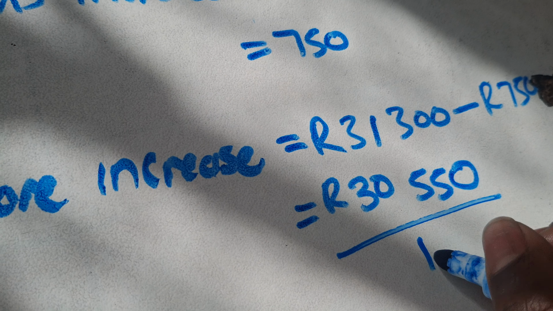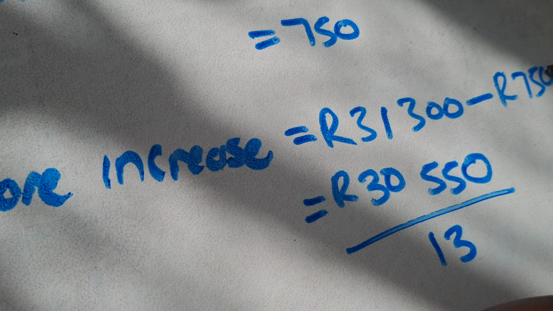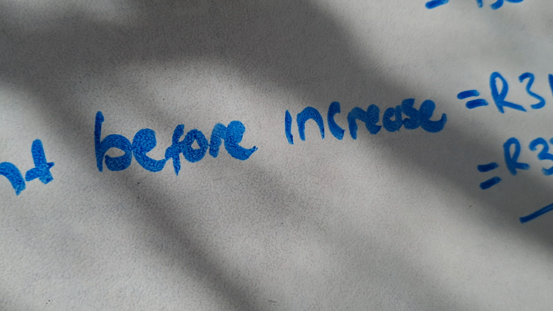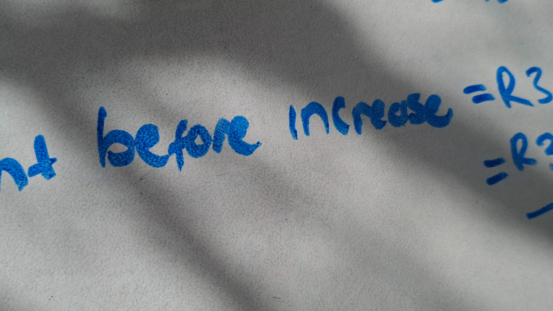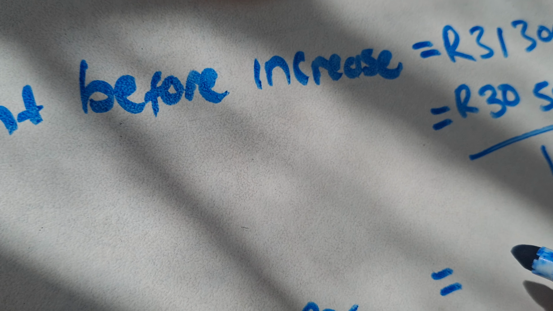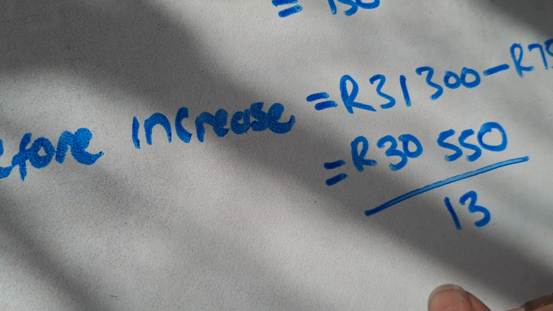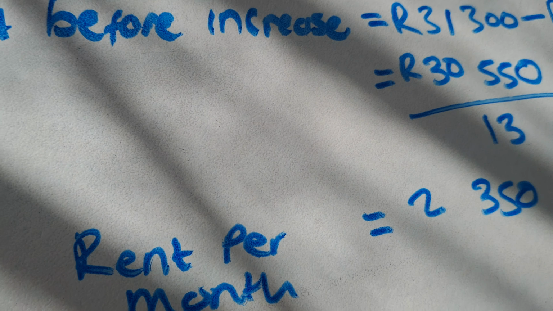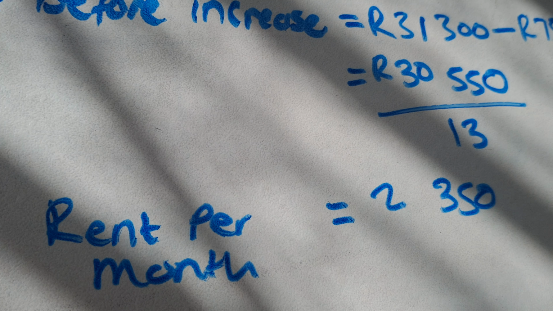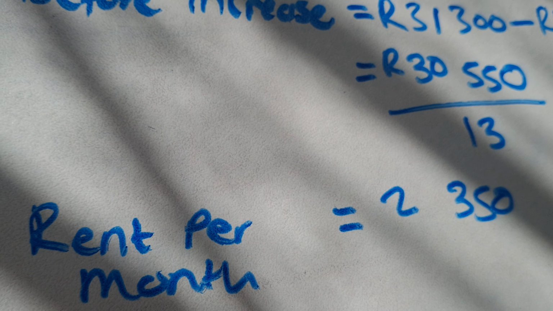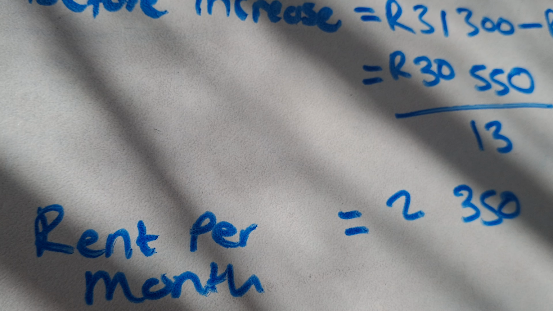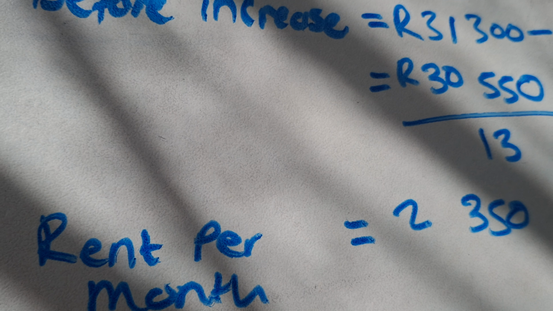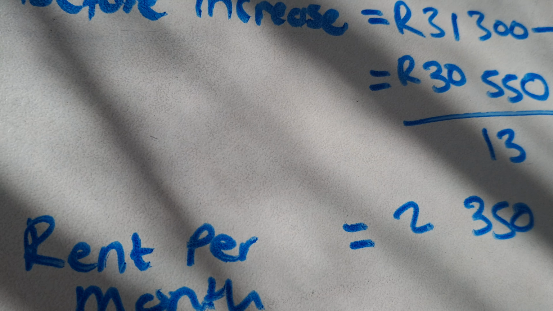But we are told that we received the rent for 13 months, so we divide that by 13 to find the rent per month. If we divide that by 13, you will come to 2,350. So rent is 2,350 per month, right? Then we need to find how much the rent per month was after the increase.